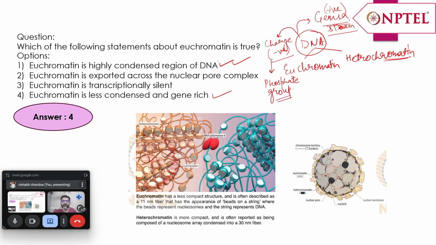Because of the phosphate group, the DNA is negatively charged. So this DNA is stained with all the dyes that have a positive charge. One of them is Giemsa stain. When we stain this DNA with the Giemsa stain, we observe two types of regions in a particular DNA molecule. One region is less stained and the other region is more stained.